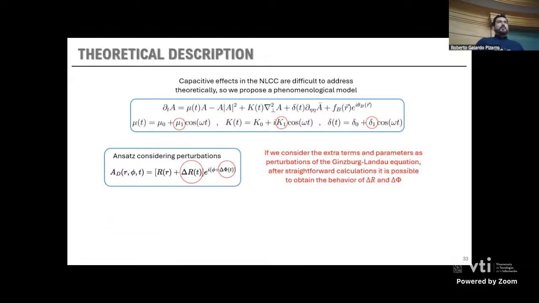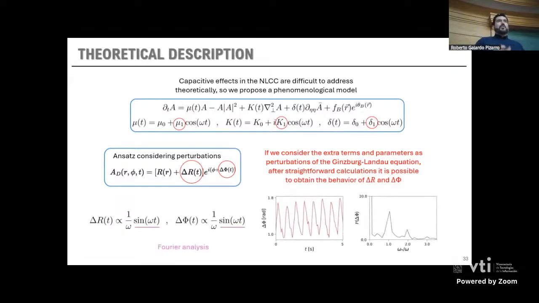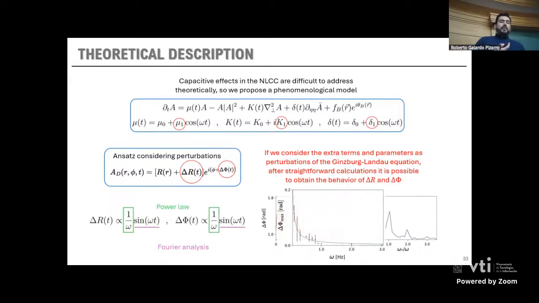If we use the perturbation here, we can understand how these perturbations evolve in time. So we obtain that both the breathing and the rotation of the arms have a sinusoidal behavior, as we can see in the Fourier analysis, and also have the power law inverse to the frequency that we observe experimentally.